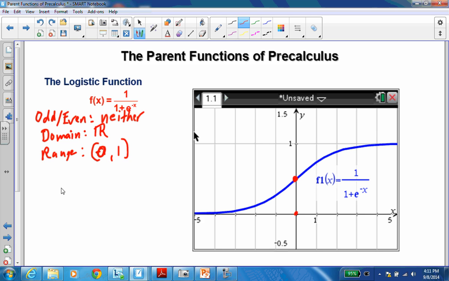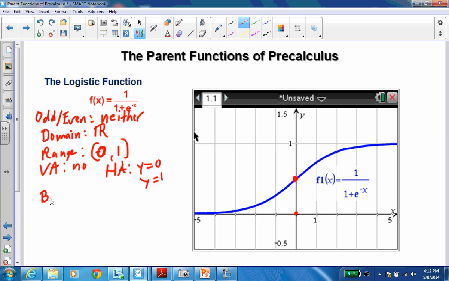So kind of a strange range. Does this thing have a vertical asymptote? No. Does it have a horizontal asymptote? Yes. Horizontal asymptotes at y equals 0 and also at y equals 1. As you go toward positive infinity, the thing's going to be 1. As you go toward negative infinity, 0.